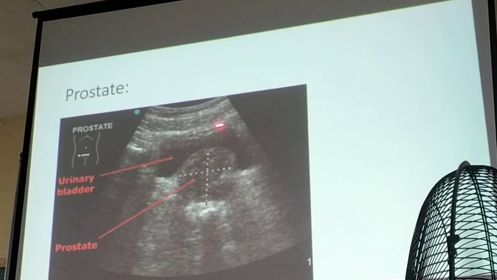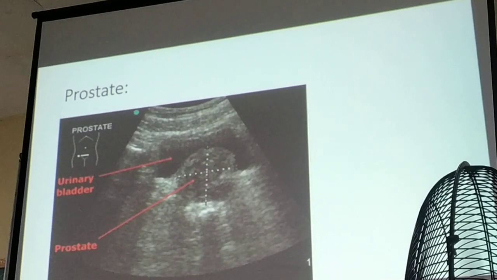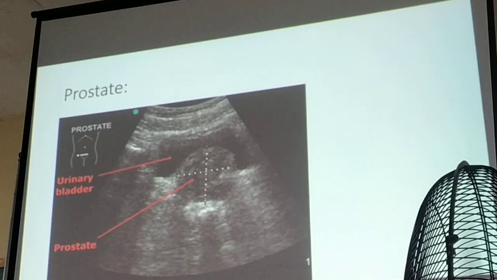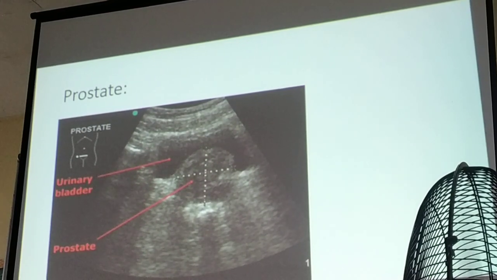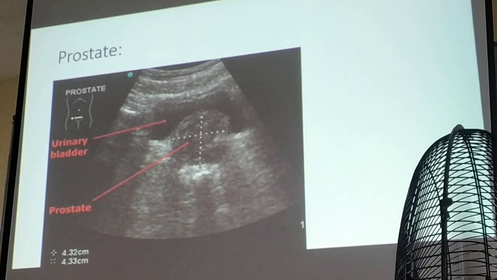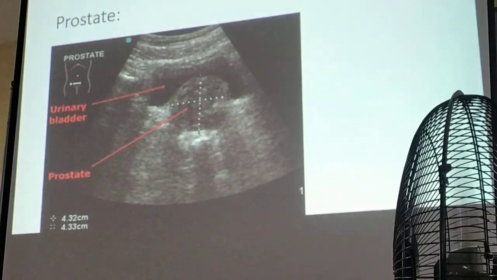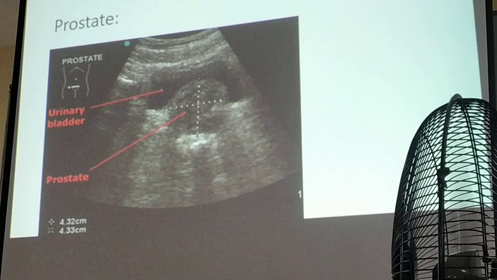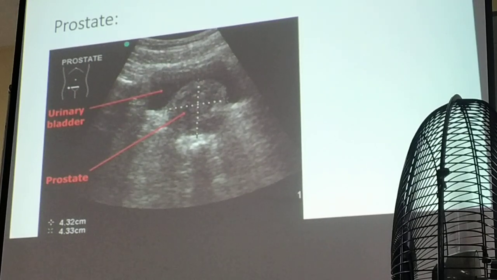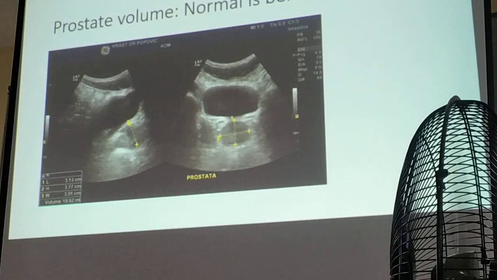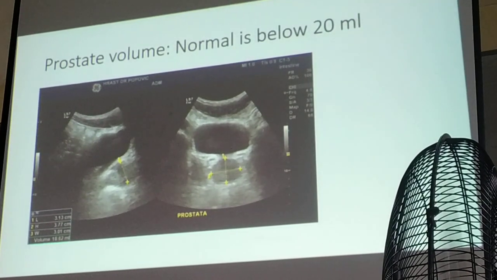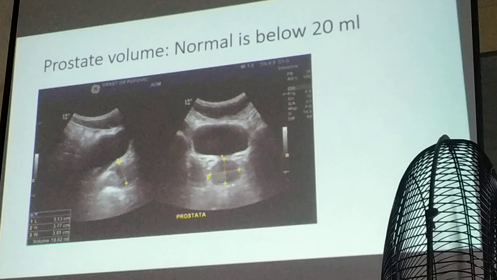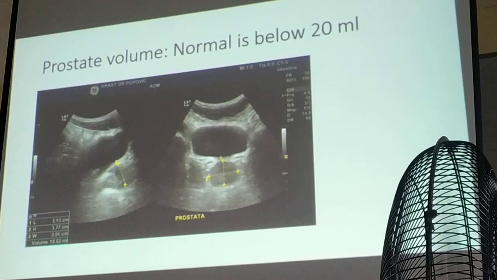Okay, so this is the prostate. So, the normal volume for your prostate should not exceed 20 cc. So, the approximate weight for a normal prostate should not exceed 20 grams. Okay? So, you try to look at the volume of the prostate for you to identify whether there is prostatitis.